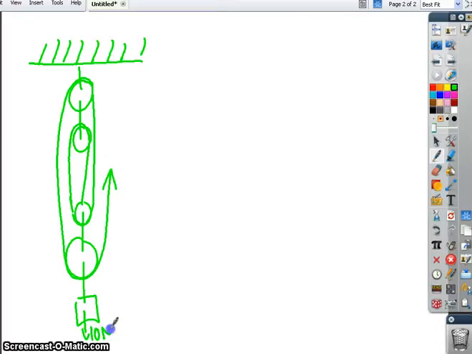10 newtons pulling down. What is the force in every single wire here? Well, we see that this pulley is attached to this pulley, which is attached to this mass. So we can treat all of this as one system, because they are all attached.